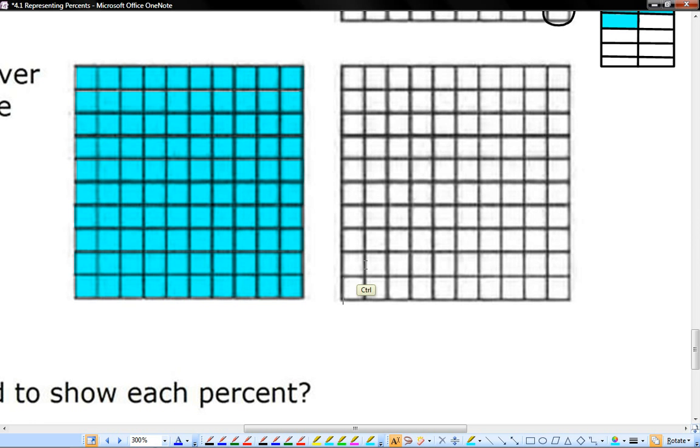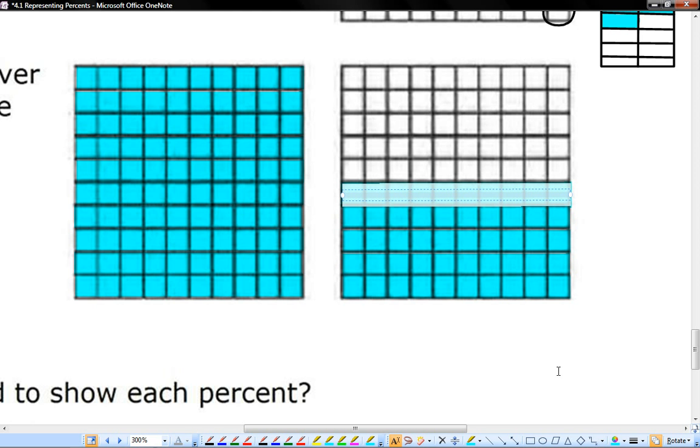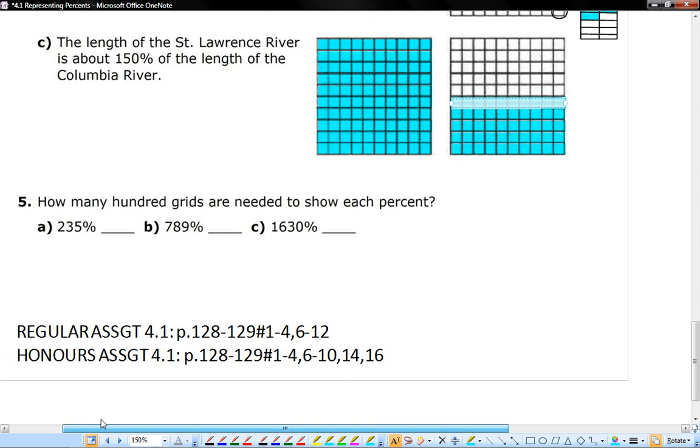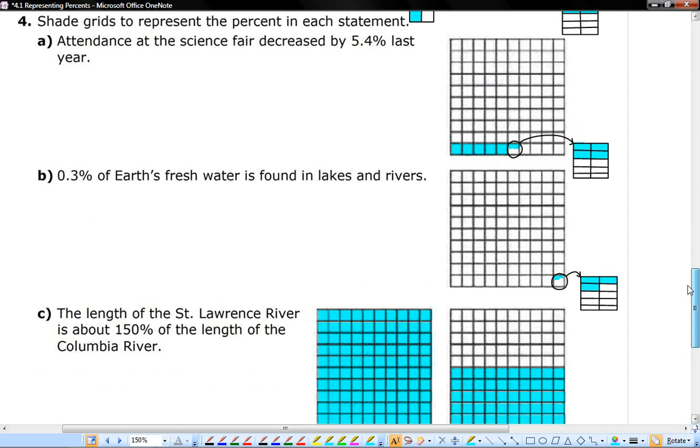And then there's another 10, 20, 30, 40, and 50. So that is it. That is 150%. Okay, so we've got number 4 done.